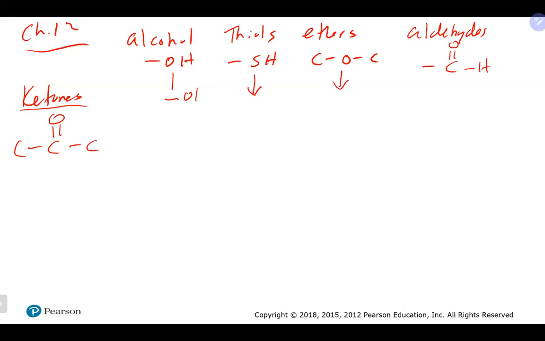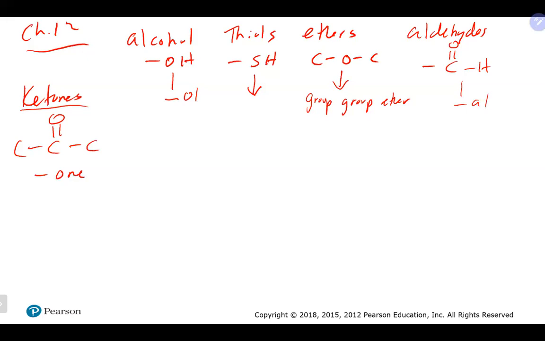We're going to do common naming with ethers, which is basically group and ether at the end of it. So go to the oxygen in the middle, look to the left, look to the right, find the groups, put them in alphabetical order, and then just put ether at the end of it. Aldehydes end in AL, and ketones end in basically ONE.